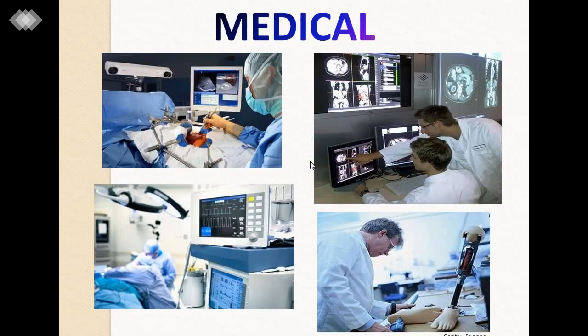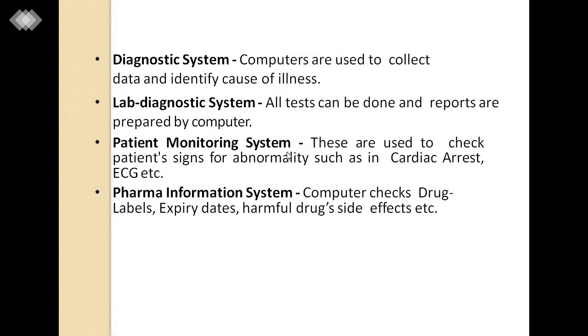Now next is the medical field. Here, in the different figures, you can easily understand how the computer is helpful in the medical field also. Diagnostic systems are used to collect data and identify the cause of illness. In lab diagnostic systems, all tests are done and reports are prepared by computers also.